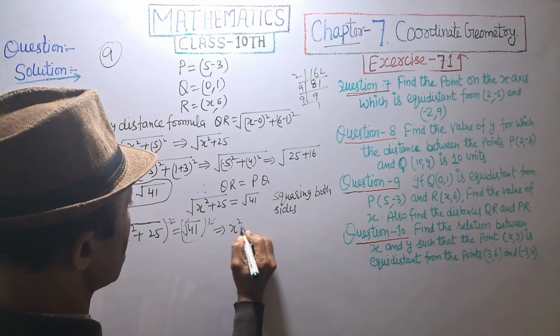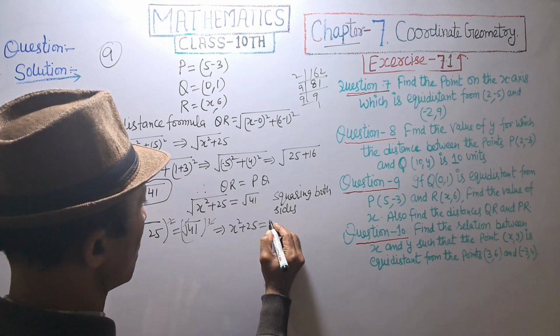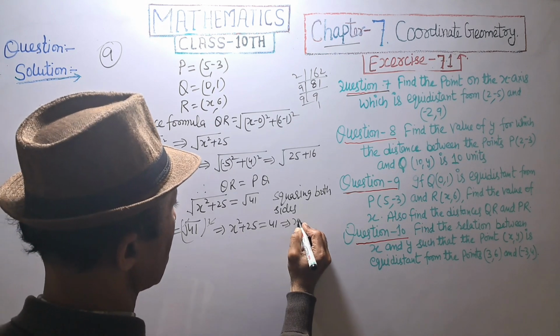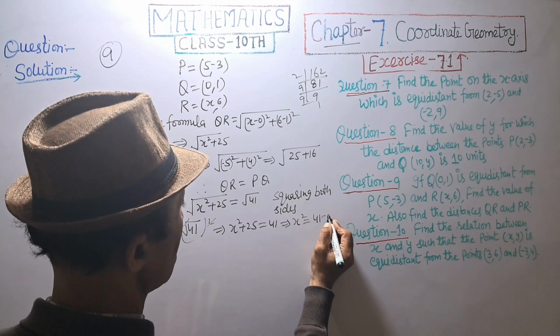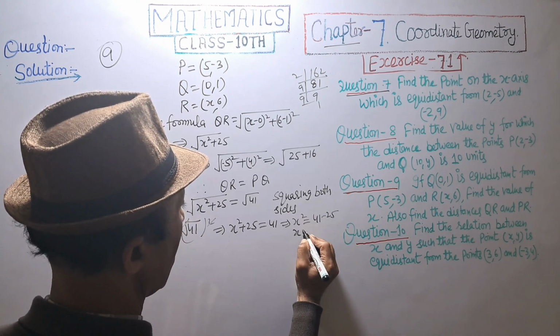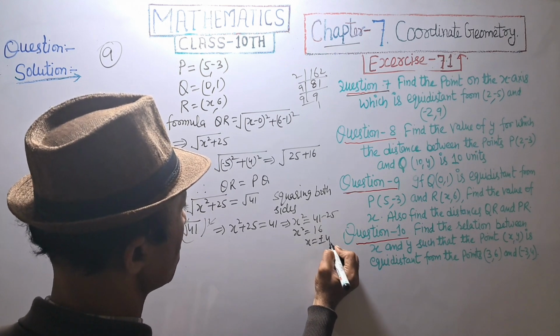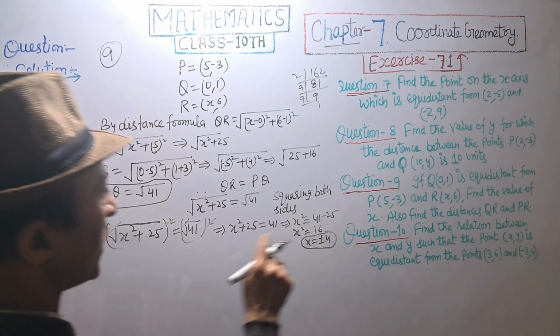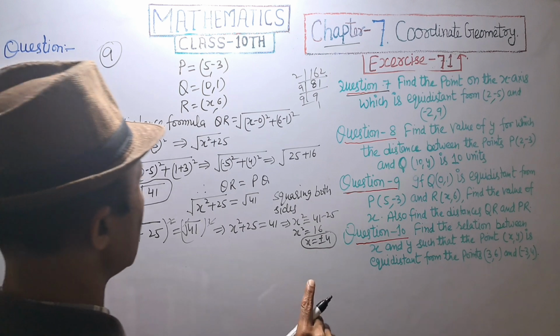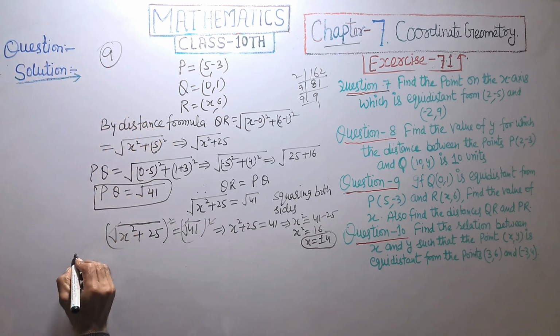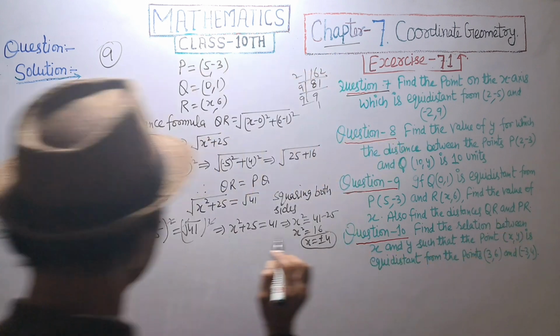So x square plus 25 is equal to 41. This implies x square is equal to 41 minus 25. x square is equal to 16 and x is equal to plus minus 4. We get the value of x is positive or negative 4. Now we find the value of PR and QR.